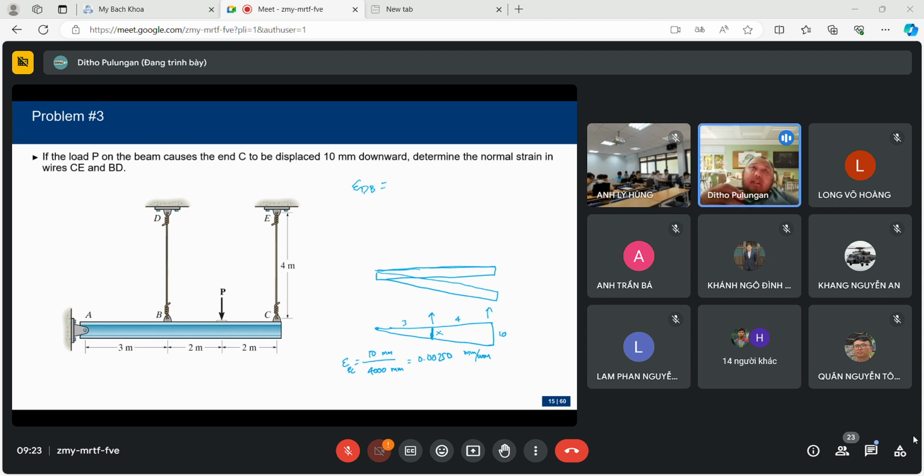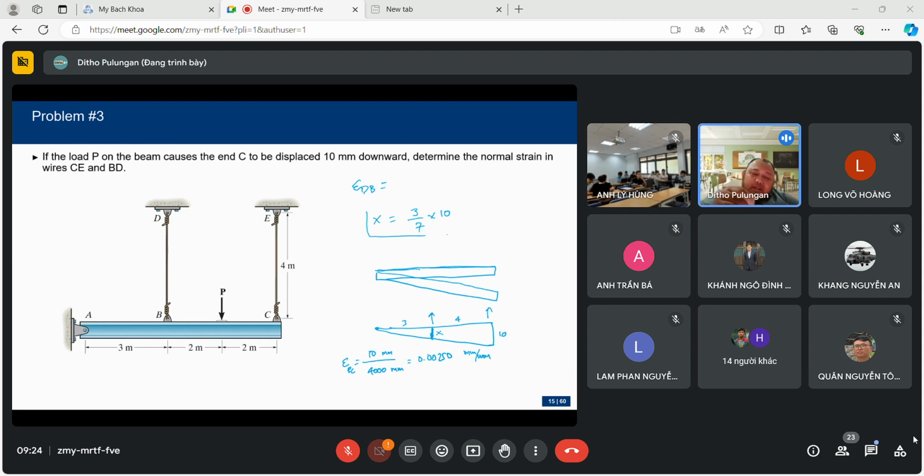You can easily calculate, right? X is how much? 3 over 7 times 10, right? This is how you interpolate. It's 3 over the total length times the total displacement 10, right?